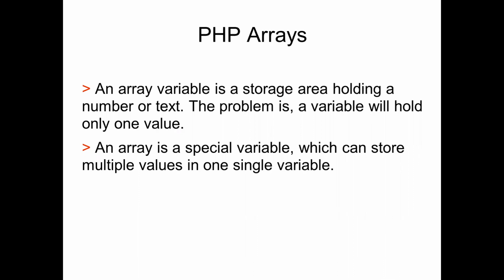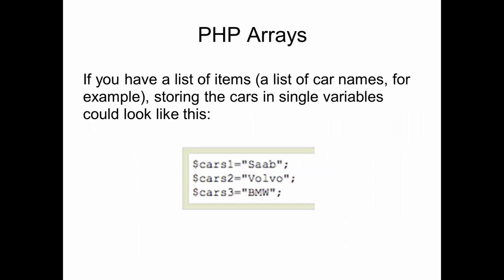For example, Python helps you store values of different data types, whereas C or C++ does not allow you; a single array can store n number of elements of the same data type. So an array is a special variable which can store multiple values, of the same type maybe.